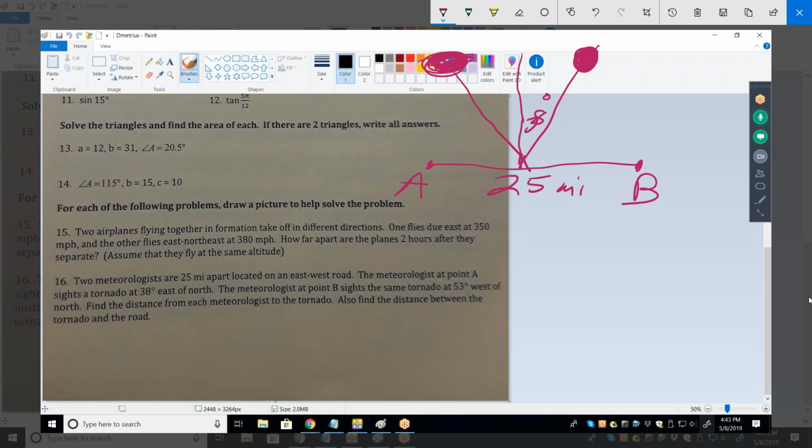Now, what's really going on here, let's redraw this picture. It's the same tornado. So let's make that tornado right there.